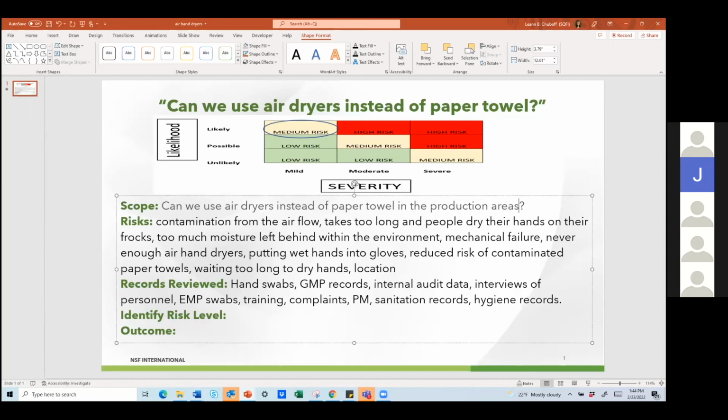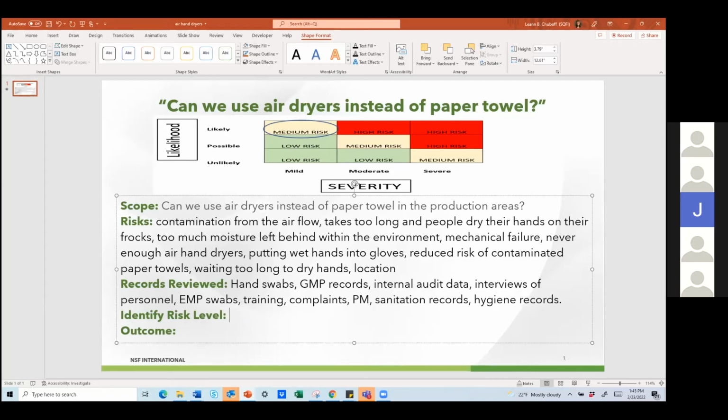High. Yeah, I think, like you said earlier, Leanne, you're looking at your risks, like what are all the risks? And that may dictate the kind of air dryer you choose.